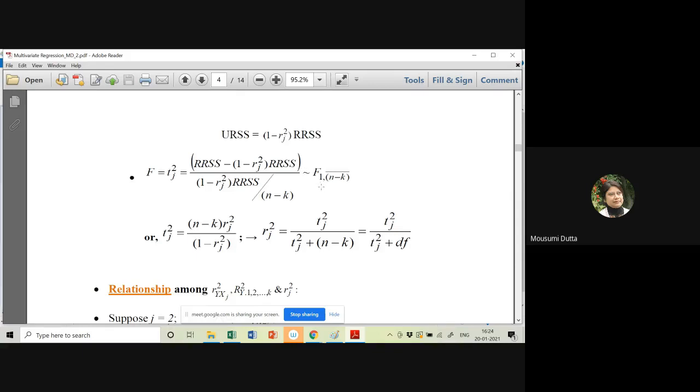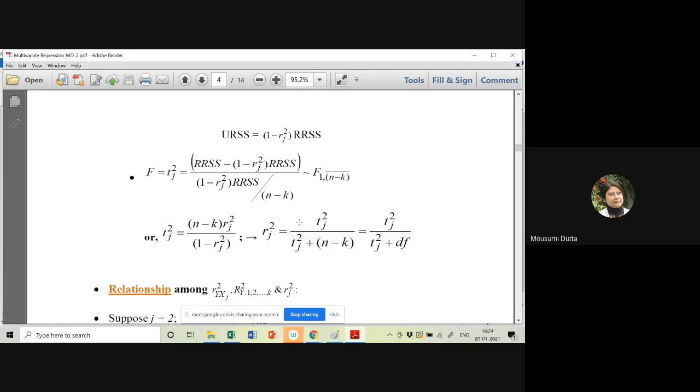So F with 1 comma n minus k. This t square can be written, if I take RRSS common so that it drops from numerator and denominator, as n minus k Rj square by 1 minus Rj square.